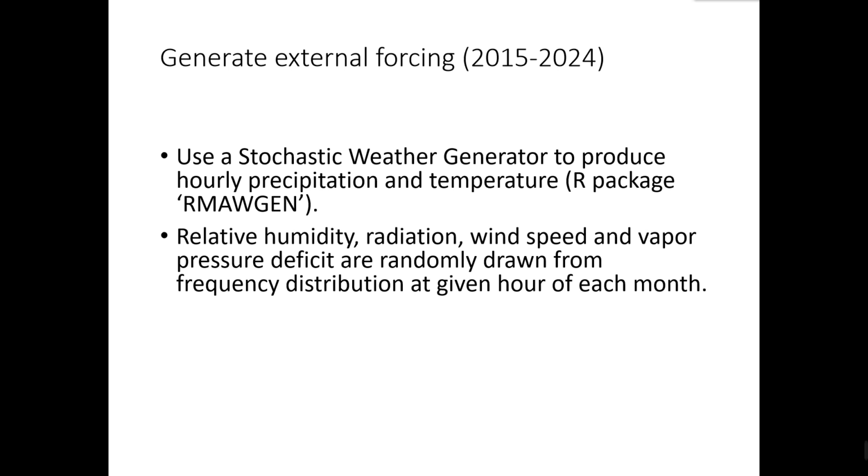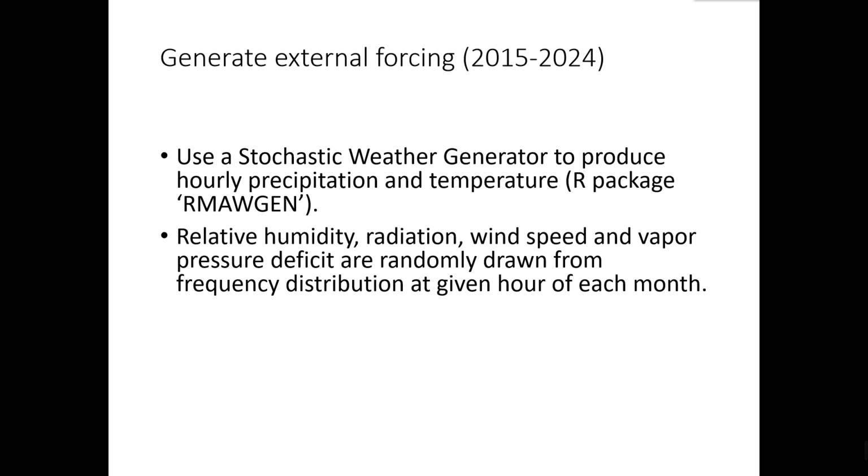For the practice purpose, we already generated 300 trajectories of forcing data from 2015 to 2024 and stored them in carbon chain. To make model projection, we can randomly choose the forcing trajectory to represent uncertainty of forcing.